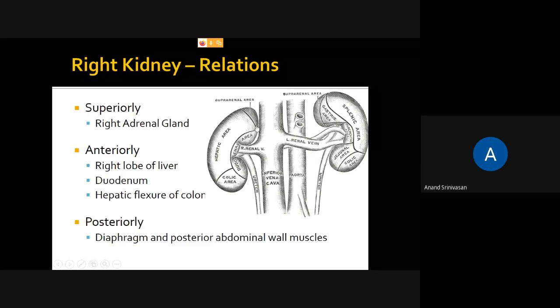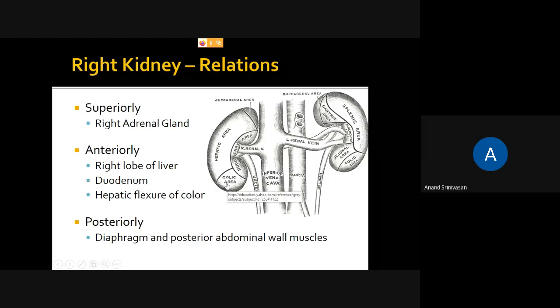Since this is the right-sided kidney, most of the anterior aspect is occupied by the liver: the right lobe of the liver, and the second part of the duodenum comes over here.